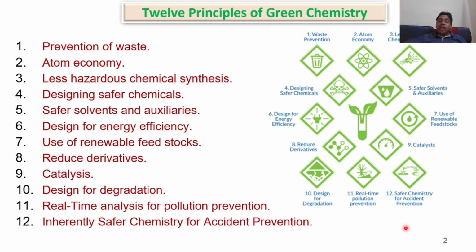So these are a set of 12 principles which emphasize minimizing waste or pollution, reducing the cost, preventing accidents in the pharmaceutical or chemical industries, and using renewable sources rather than petrochemical sources. So let us discuss them one by one.